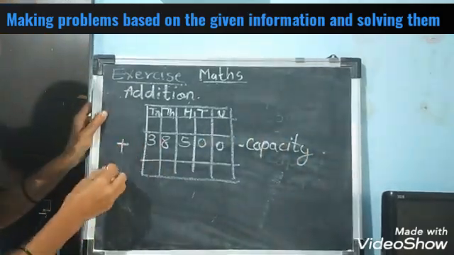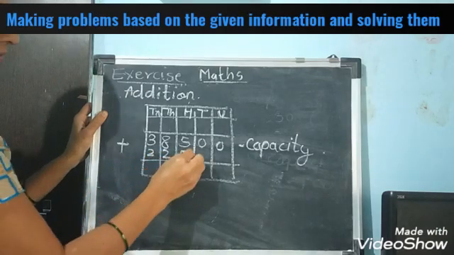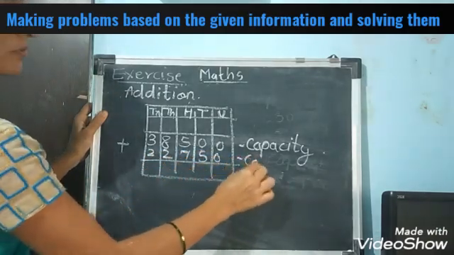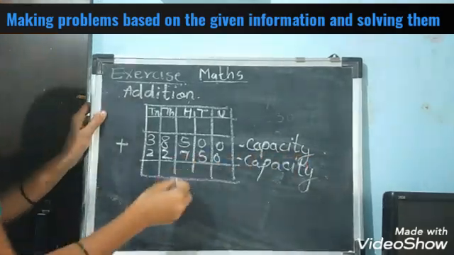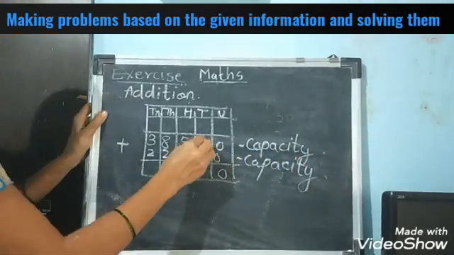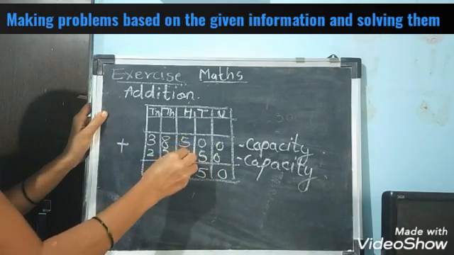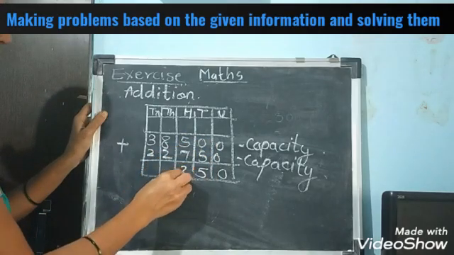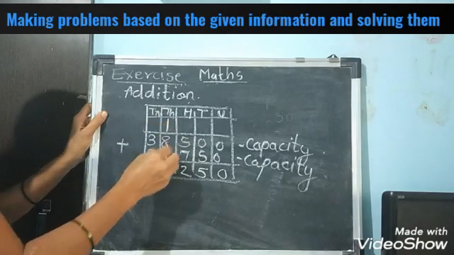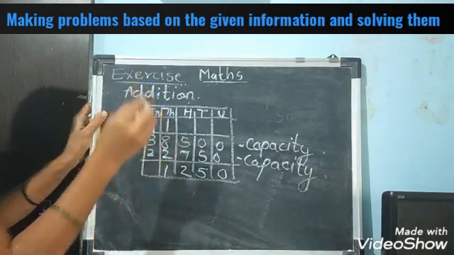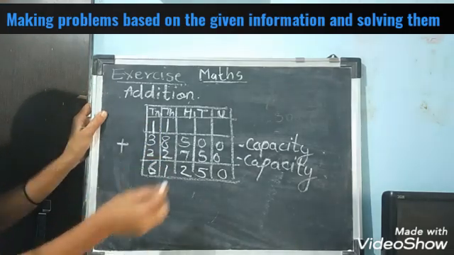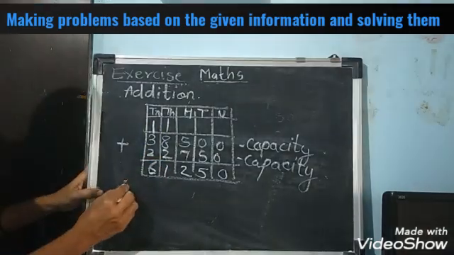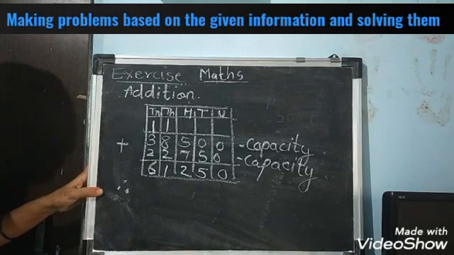Plus second 22,750. This is also capacity. Always start from the unit place. 0 plus 0, 0. 0 plus 5, 5. 7 plus 5, 12. 8 plus 1, 9 plus 2, 11. 3 plus 1, 4 plus 2, 6. In this way, we got the total capacity of both water tanks.